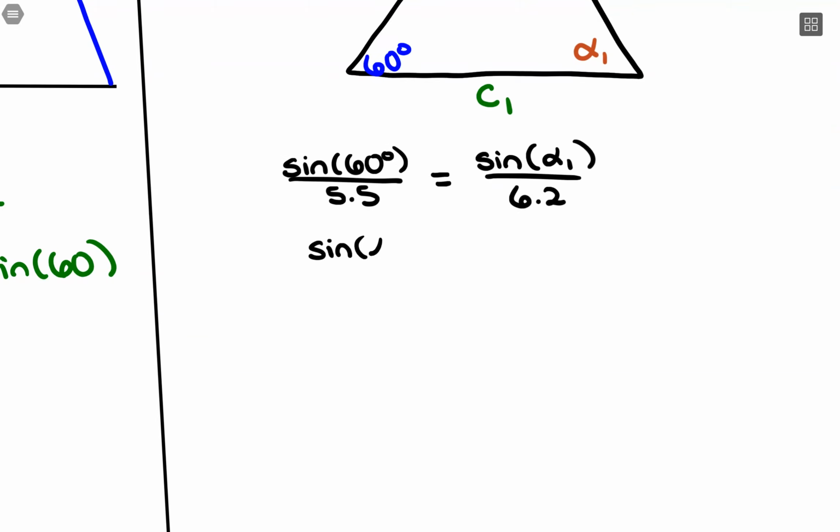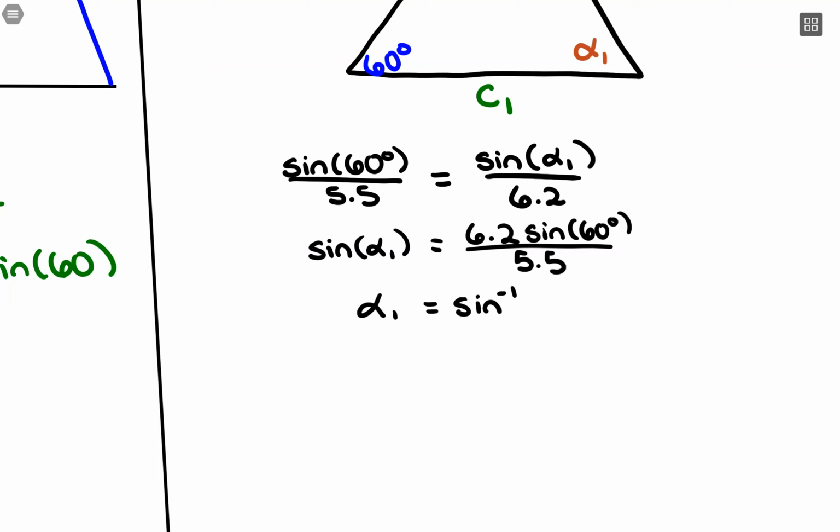So sine of alpha is equal to 6.2 times sine of 60 degrees, which you could put in an exact value, but with these decimals, we're just going to end up in the calculator. So alpha is going to be the inverse sine of all of that.